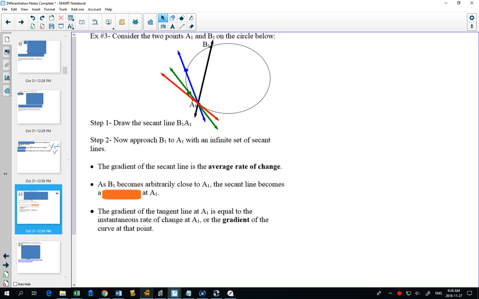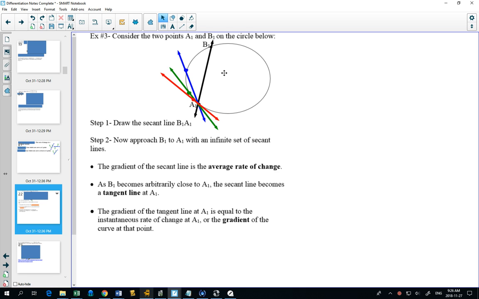But as we get closer and closer to the points being the same, your secant line turns into your tangent line. And the slope of that secant line gets really, really close to the slope of your tangent line.